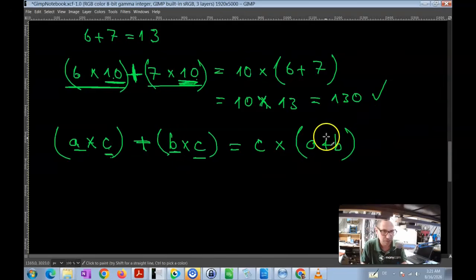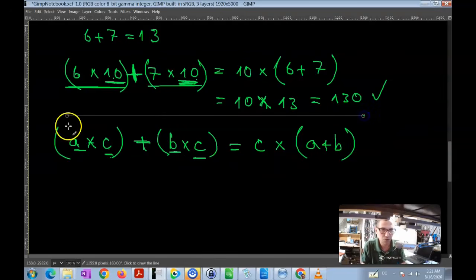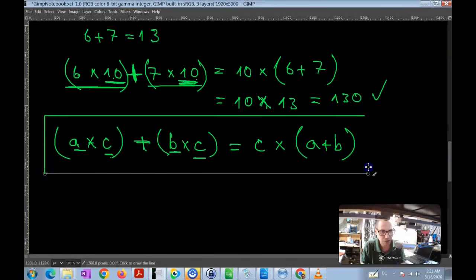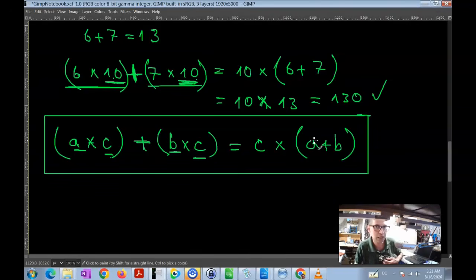So now this is a rule in algebra that you can use everywhere, well, at least for real numbers, there is no problem. What I mean by real numbers is any number that you can think of up to now.